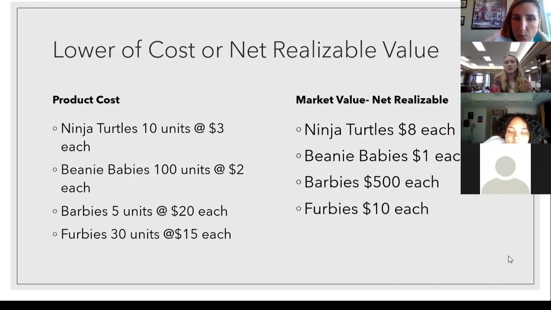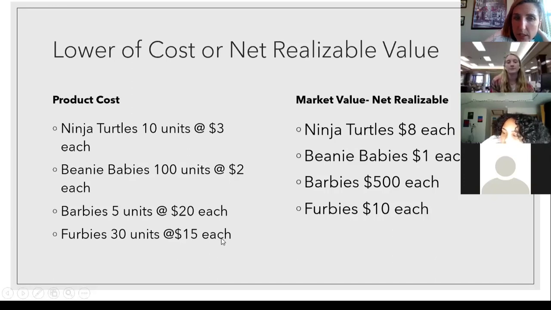All right, and then the last one, the Furbies, do we have to adjust it? Yes, we do, because it was $15, but now the market says it's only worth $10. So how do we make that adjustment is what the last slide will tell you. You do a total on these items. The Beanie Babies, there were 100 of them, and each of them lost $1 in value. So that would be a $100 adjustment. You see it, 2 minus 1 is $1 times 100.